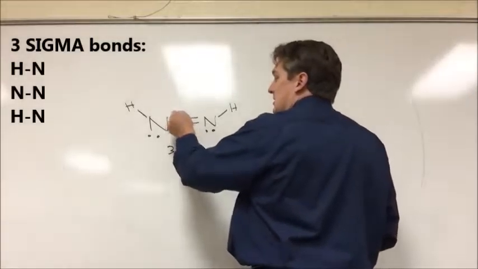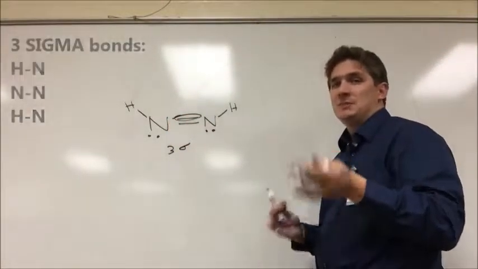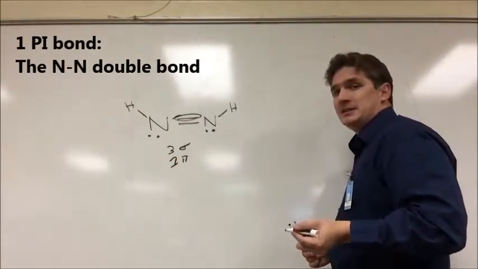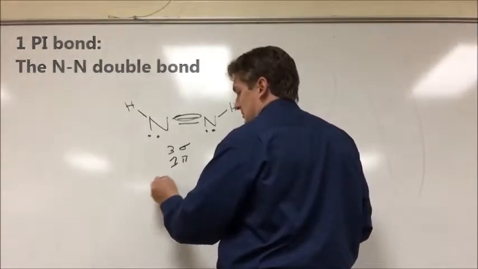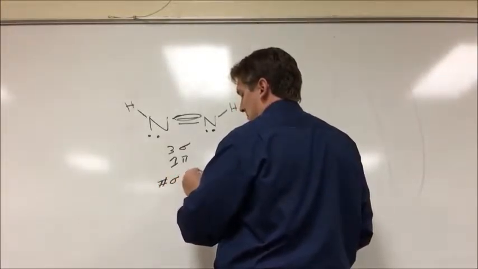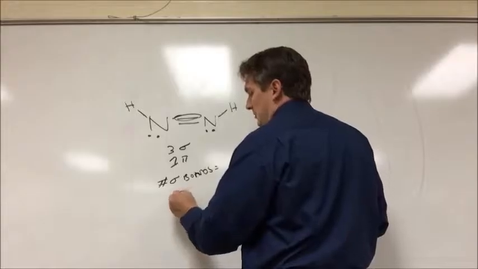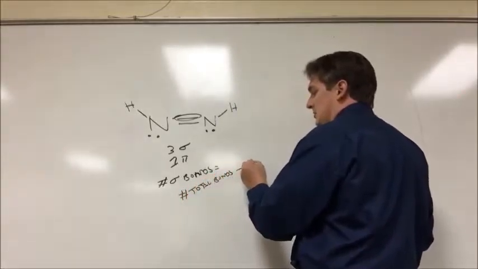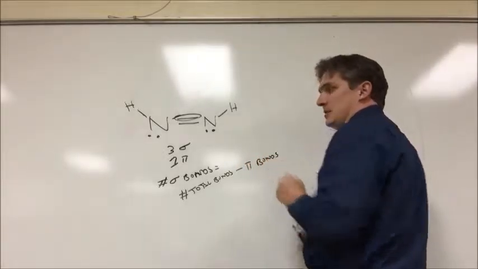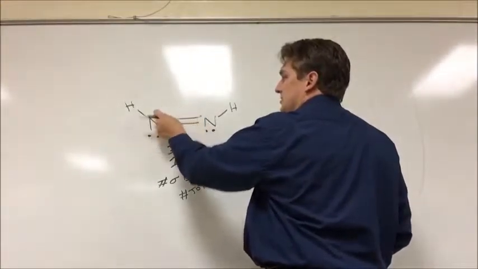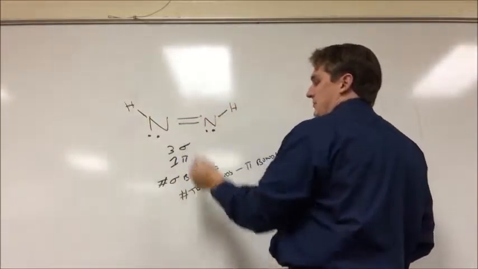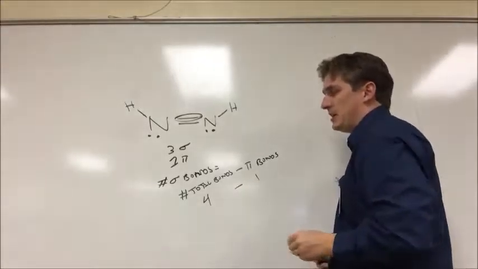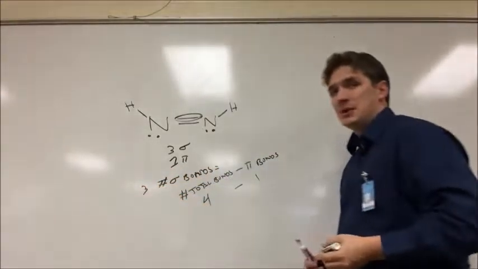Your number of pi bonds is just the number of additional lines you see beyond the first bond. So in this case, we have 1 pi bond. One way to think about it is that the number of sigma bonds is simply equal to the number of total bonds minus the number of pi bonds. In the case of this molecule, N2H2, we have 1, 2, 3, 4 total bonds, but we have 1 double bond. So we subtract off that double bond, and that gives us 3 sigma bonds.